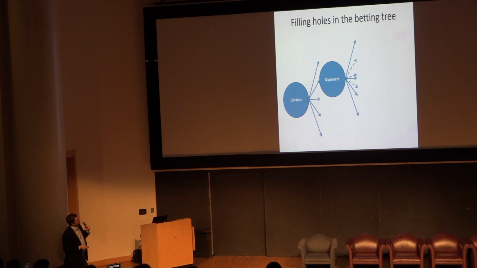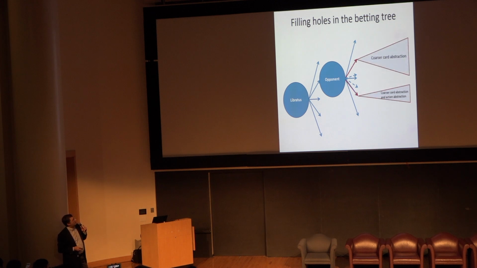So here's how it works. Let's say we have these blue solid lines in our betting abstraction to start out with. Then the opponent might actually bet some size that's not in the abstraction. Let's say those dotted lines. We automatically prioritize those based on how close these are to the actions that are in the model and how often they are used. So let's say that's the worst one.